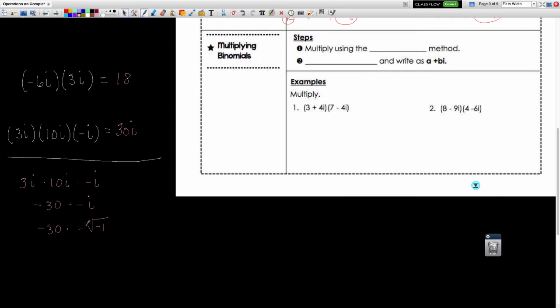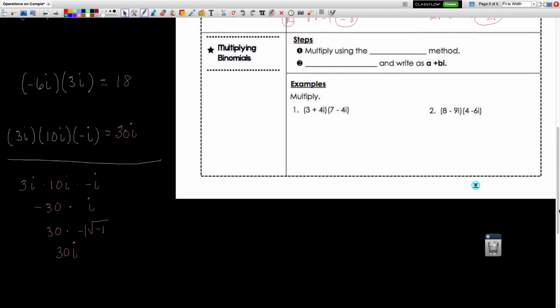Well, this is the same thing as saying negative 1 times i, negative 1 times the square root of negative 1. You go in order of operations from left to right. So negative 30 times a negative 1 is a positive 30i, because the square root of negative 1 is i.